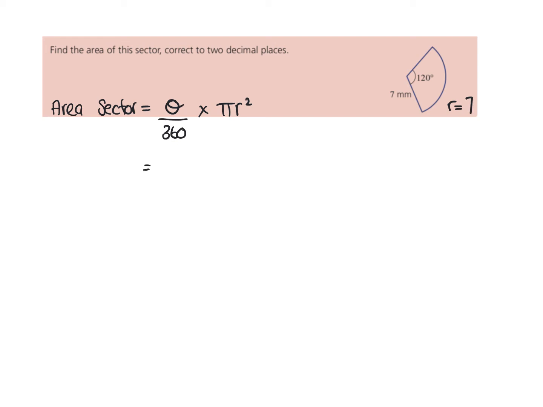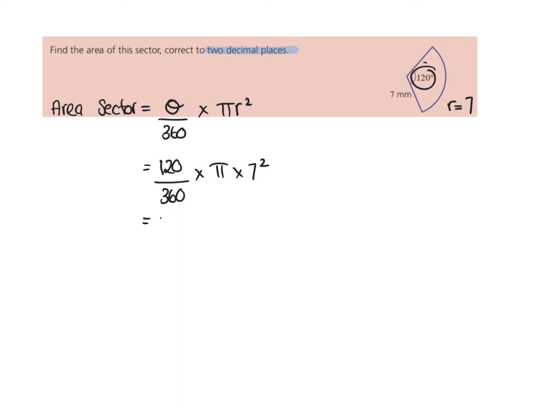So over here, how much of the circle have I got? I've got 120. So I'll go 120 out of 360 times pi times 7 squared. So you're going to type that out in your calculator, exactly how you see that, and get your answer. Okay, it says to 2 decimal places, so be careful with that.